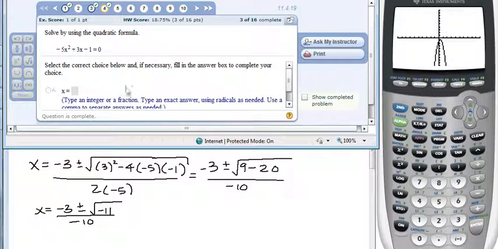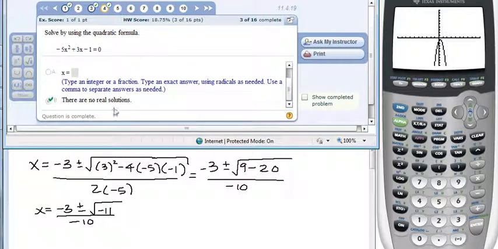Now, for right now, we're just going to say there are no real solutions. Later, when it says look for the complex solutions, then we have to actually start reducing this down. We know how to do that. But at this particular point in the lesson, we're just going to say there aren't any real solutions.